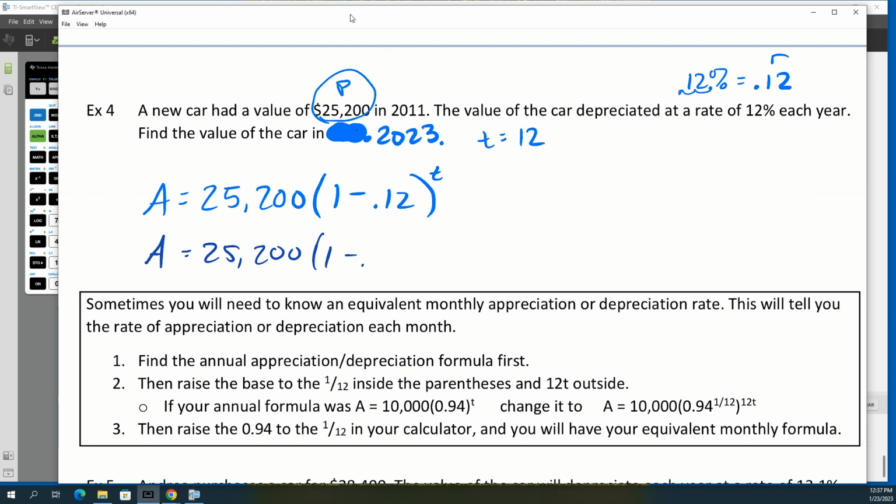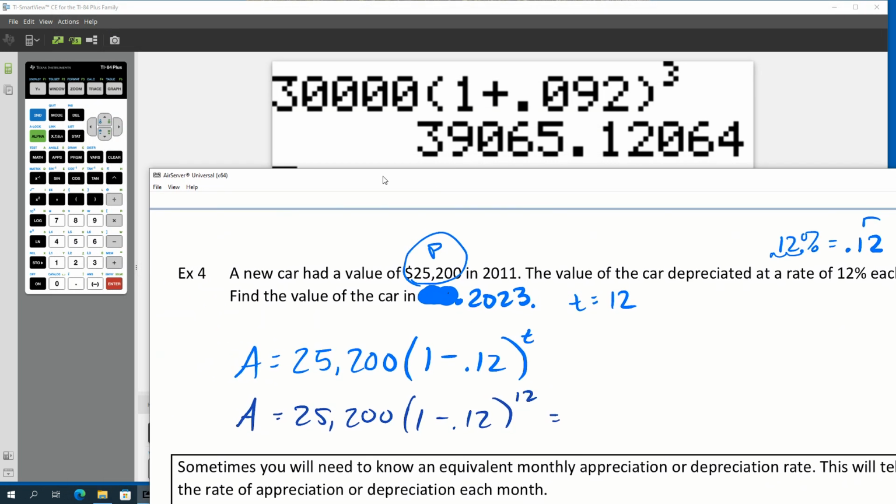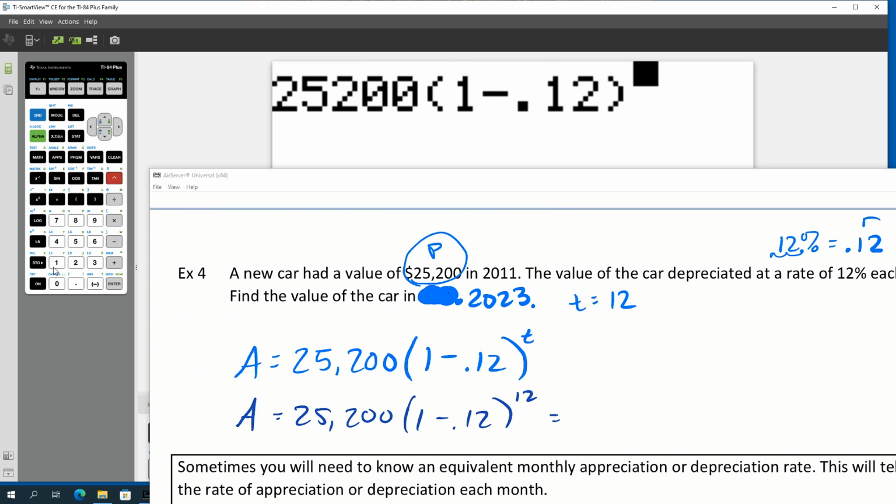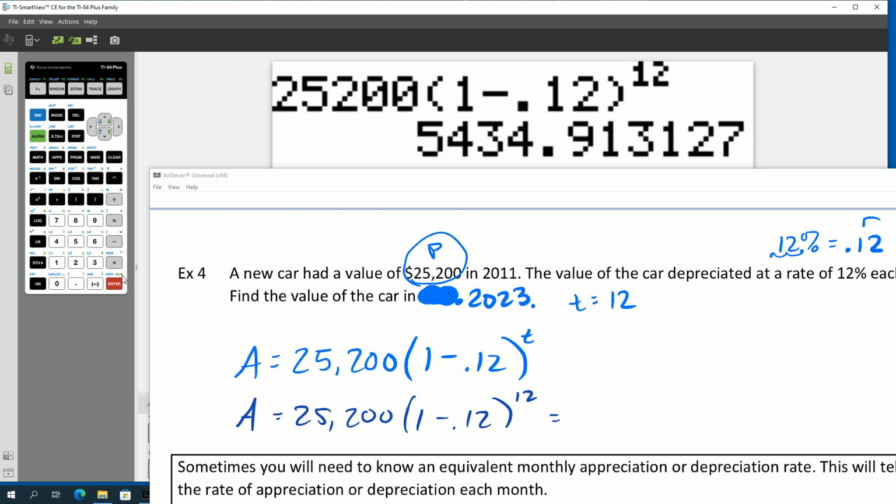Now, we are going to learn some more formulas tomorrow. The ones tomorrow are all about money growing. So it's decreased a lot.